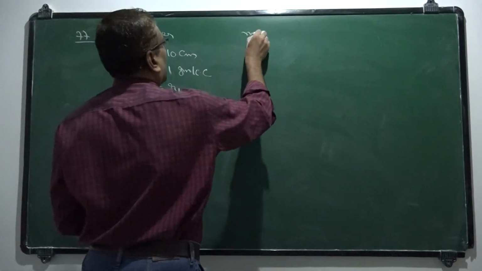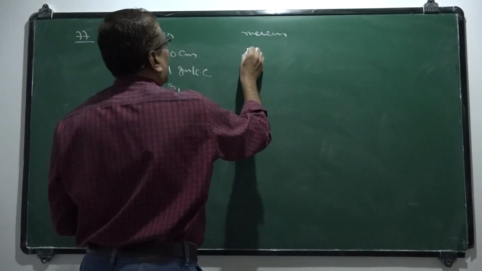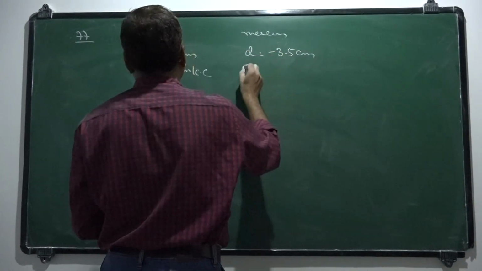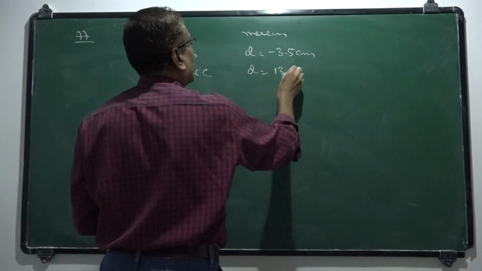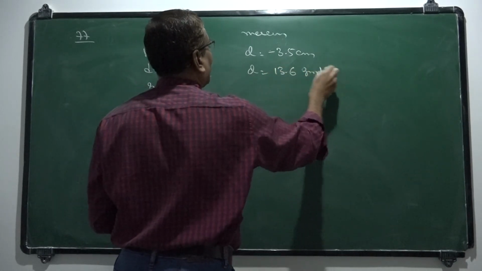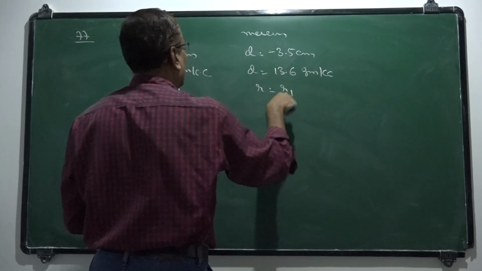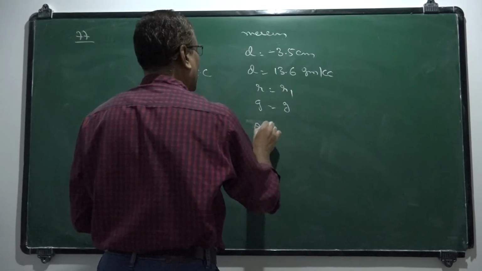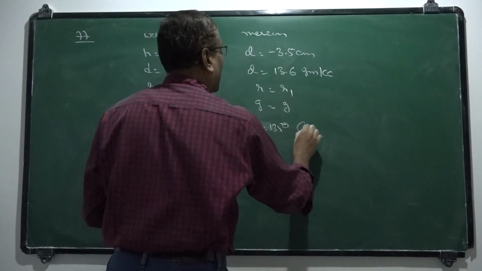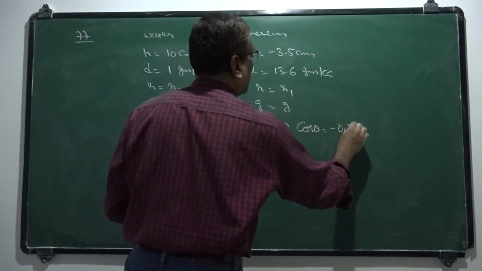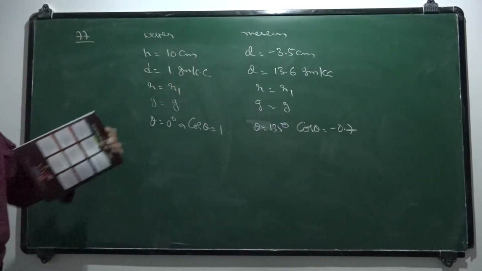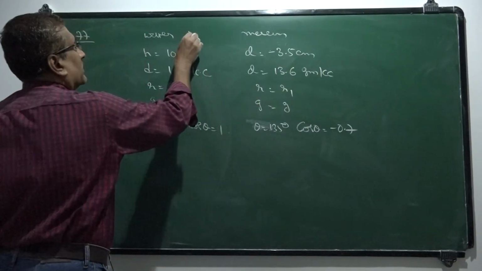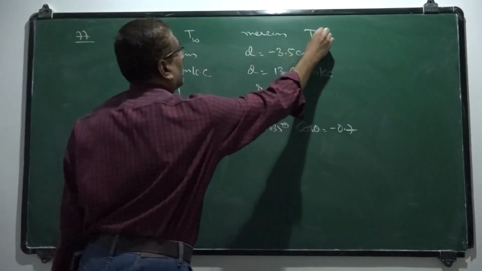For mercury, the depth is given as minus 3.5 centimeter and density is 13.6 gram per cc, and radius is the same, g is also the same, and cos theta for 135 degree is minus 0.7, that is given. So now compare the ratio of surface tensions, that is T water and T mercury.